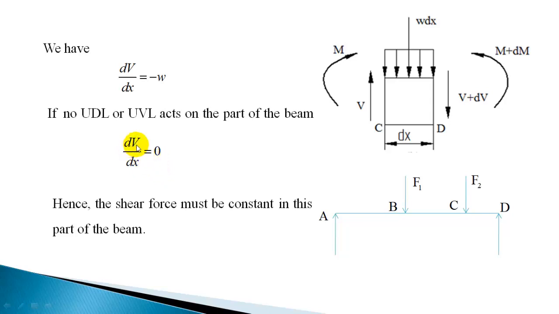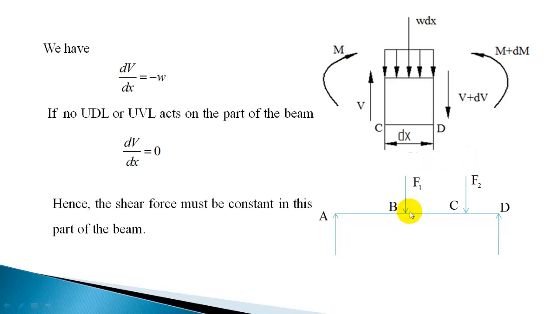So to get dV by dx 0, the rate of change of shear force is 0. Rate of change of shear force 0 means shear force variation with respect to x should not be there. So that means the shear force diagram should be either constant or it should have a peak like this. So the slope should be 0 at that point.